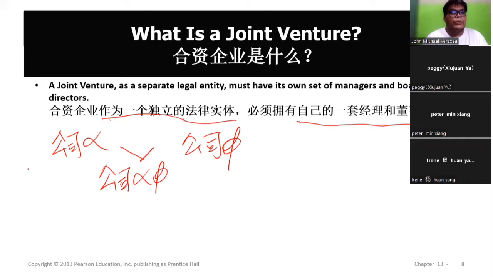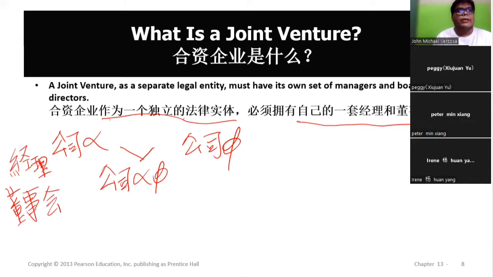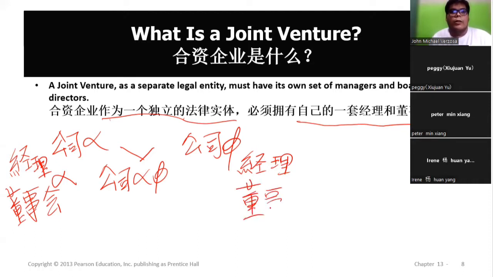So they have their own managers, and also the board of directors of Alpha Beta.